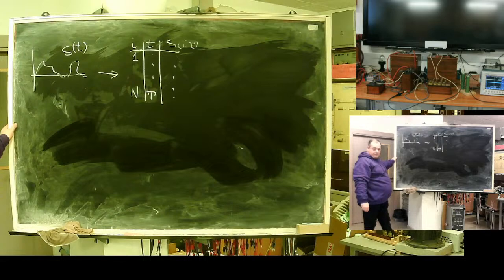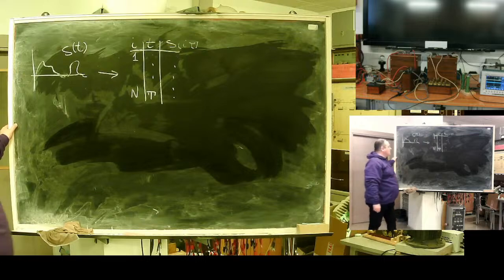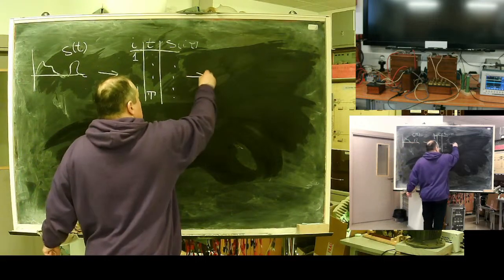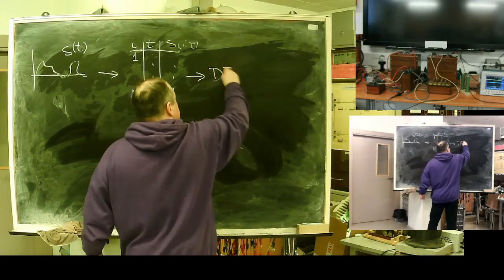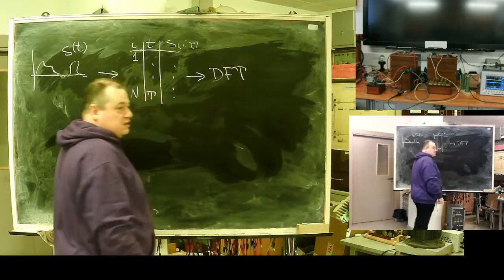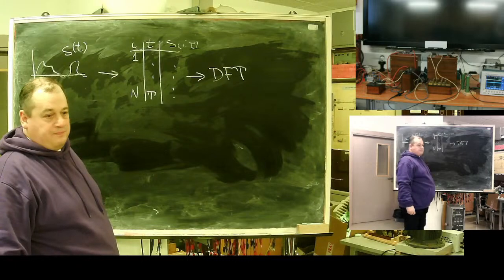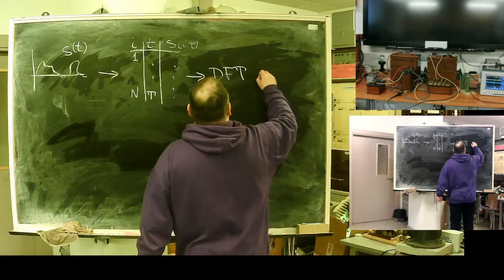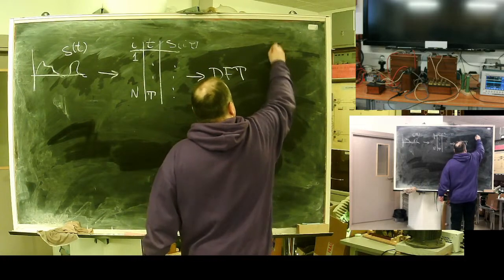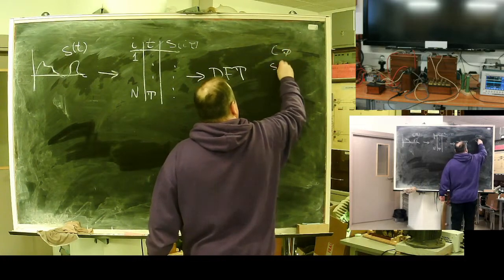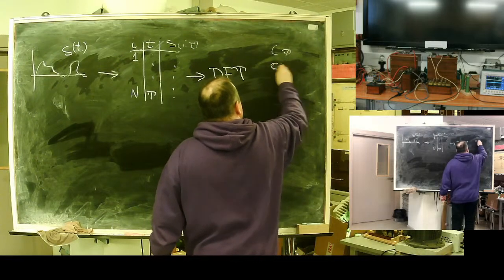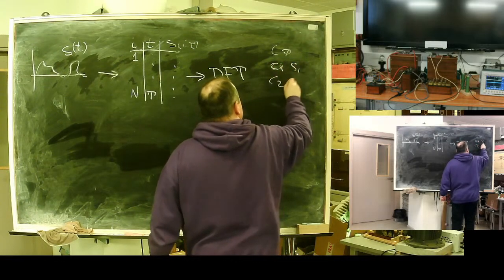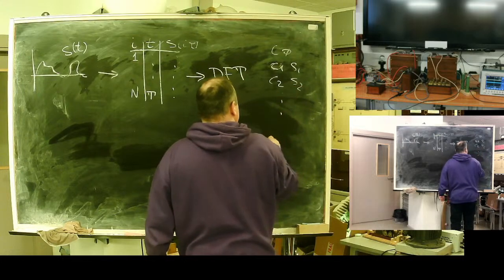I need to create a table of values. The table of values is an input for the discrete time Fourier transform. When I perform the Fourier transform, the results will be DC and C1, S1, C2, S2, and so on.